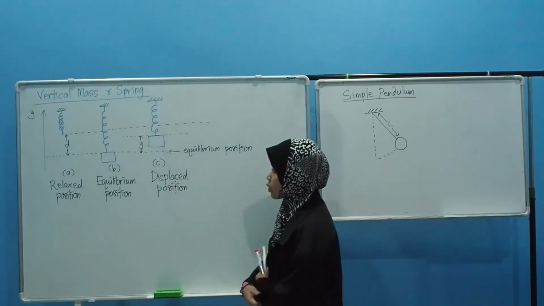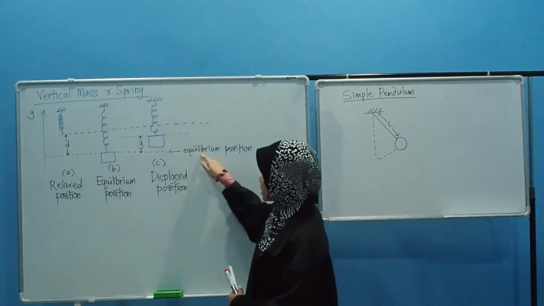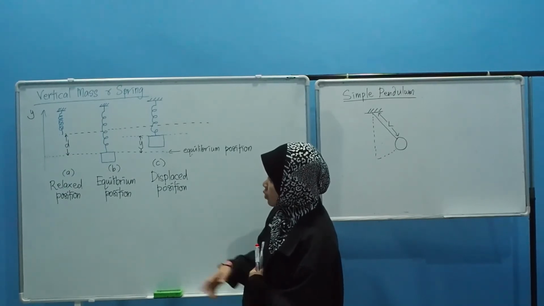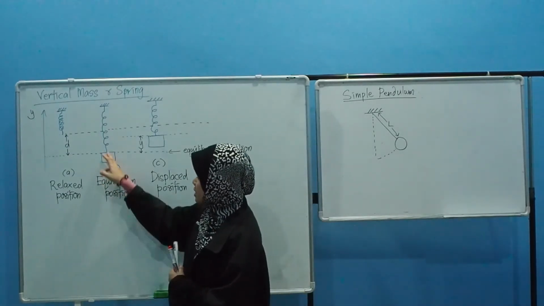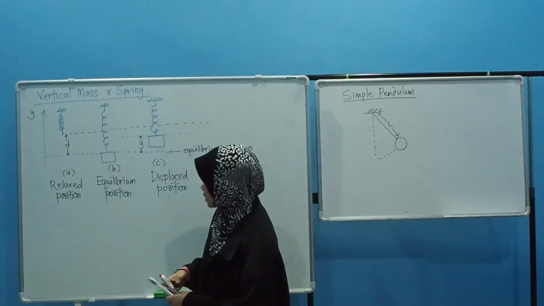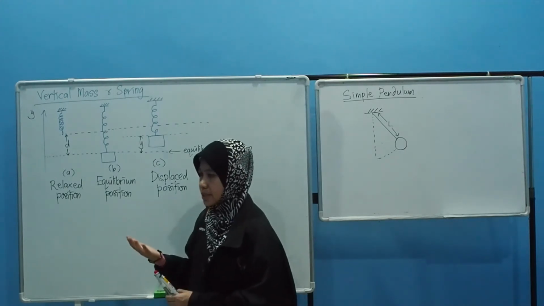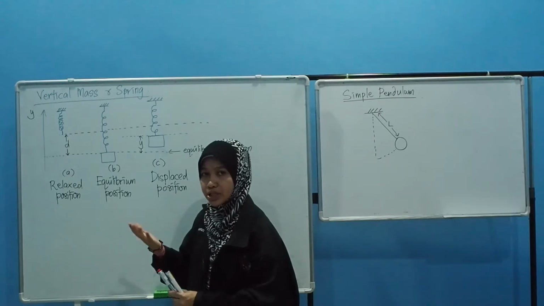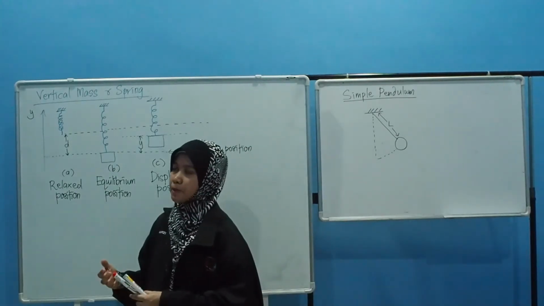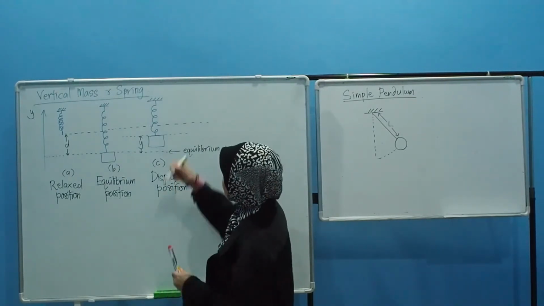Have a look at one by one. This dotted line here is the equilibrium position. When the mass and spring are at equilibrium position, remember, when an object is in equilibrium condition, the net force is equal to 0. Remember we learned this in equilibrium.